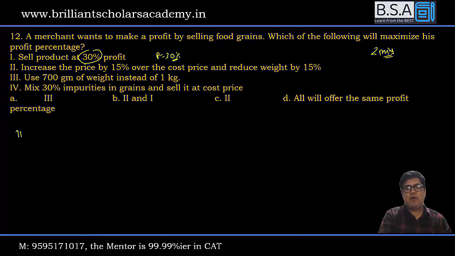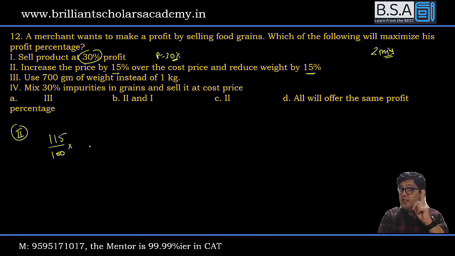Second one is saying increase the price by 15% and reduce the weight by 15%. So what you are saying here is charge 115 rather than 100, and listen to the language, deliver. How much should you deliver?